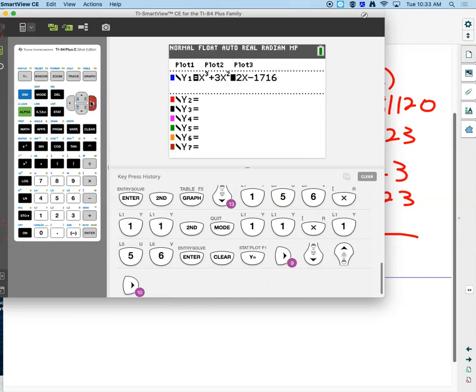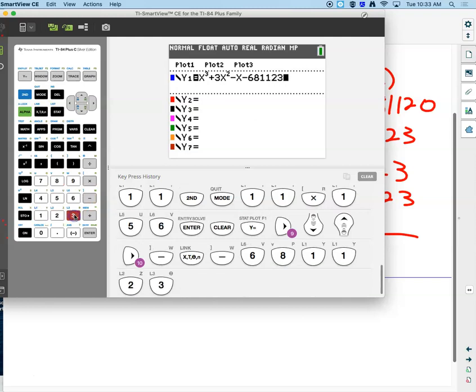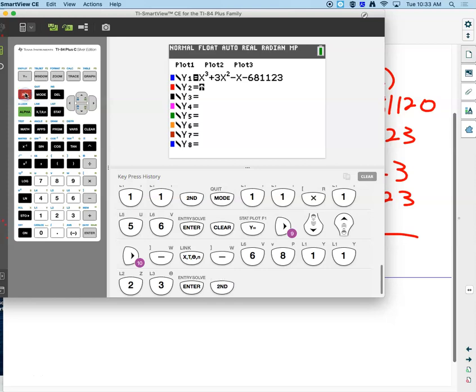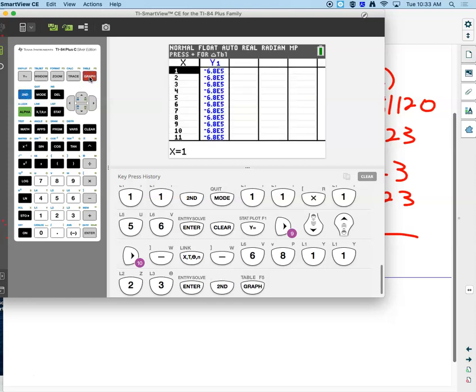And I'm going to change that to minus an x and minus our 681,123. Double check. And now it's scrolling, scrolling, scrolling. Oh, we got lots of scrolling. Look at that. Those numbers are so small, they're using scientific notation. This is going to take a while.